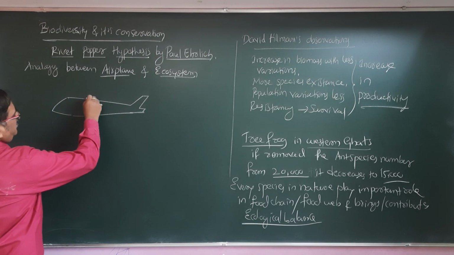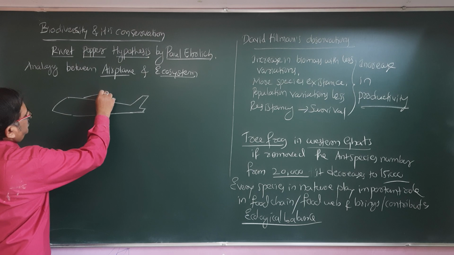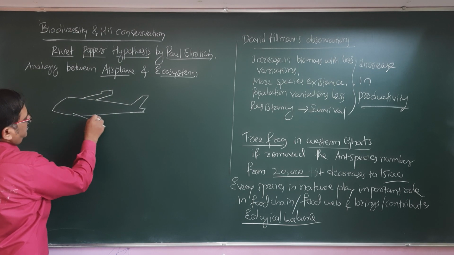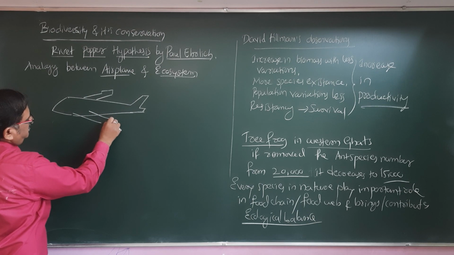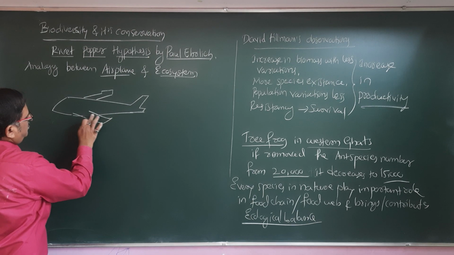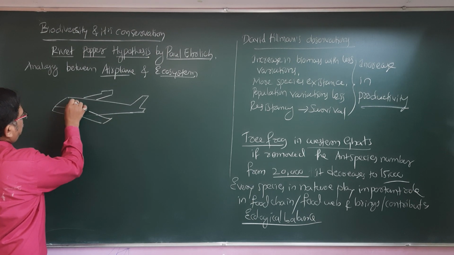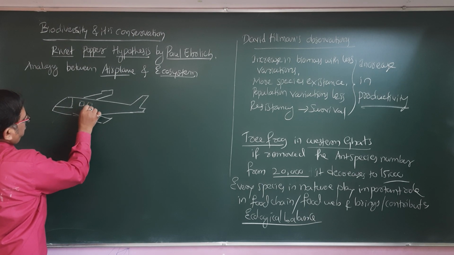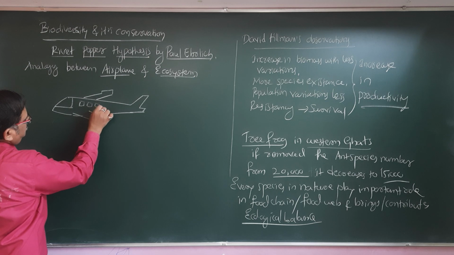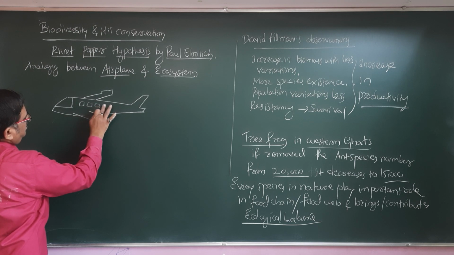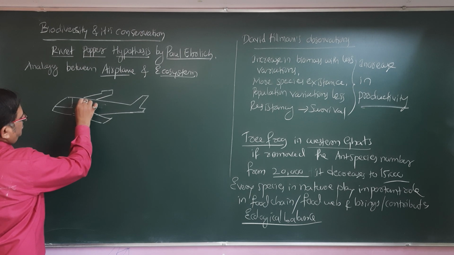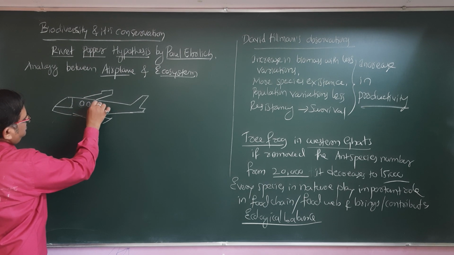This is the aeroplane, and it has its wings. Here we have the cockpit and the windows, where passengers can be seen. The windows are oval by construction.